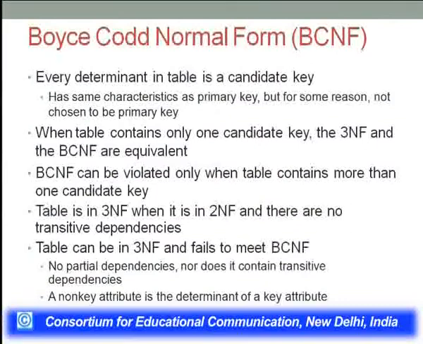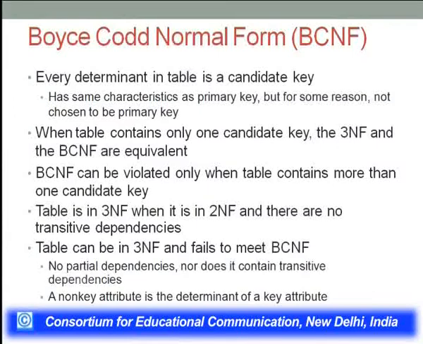Now, after the third normal form, there is another important normal form which is generally considered the strongest normal form, the Boyce-Codd normal form, BCNF. This BCNF or Boyce-Codd normal form is named after two very important computer scientists who worked a lot in the database field, Boyce and Codd.